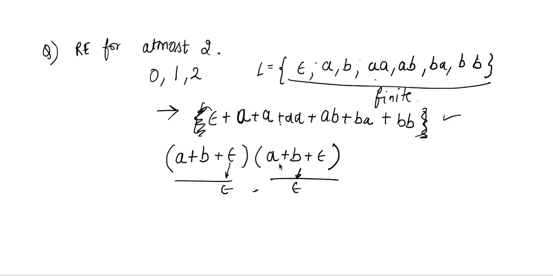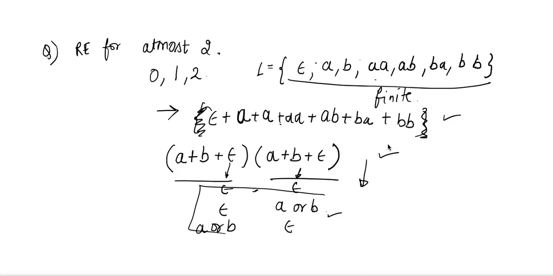If I want to derive a string of length 1, I can take epsilon from here and A or B from there, or A or B from this side and epsilon from the other. The overall becomes a string of length 1. For a string of length 2, on the same grounds, we can do it. So this is the regular expression for at most 2.